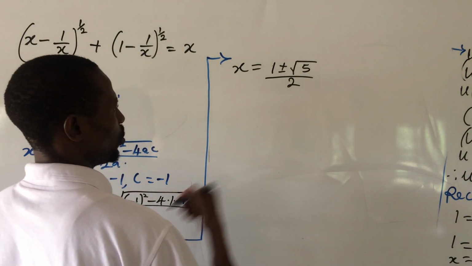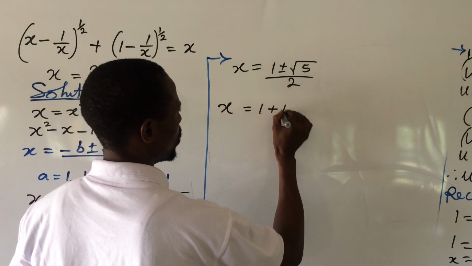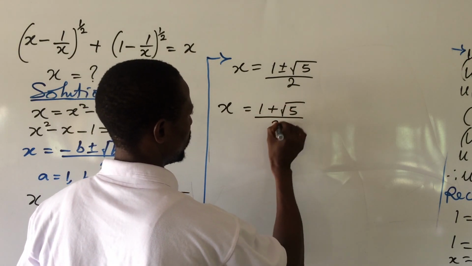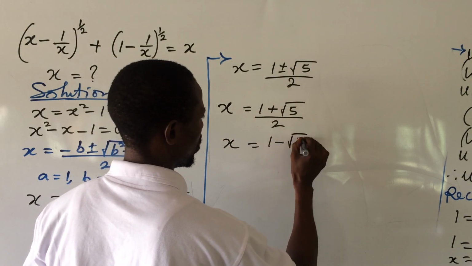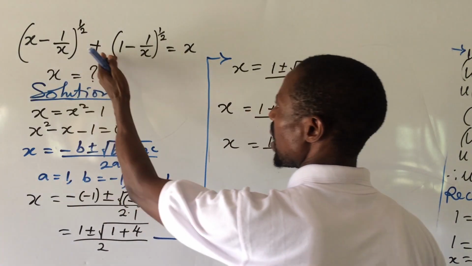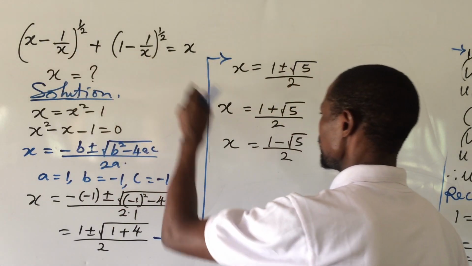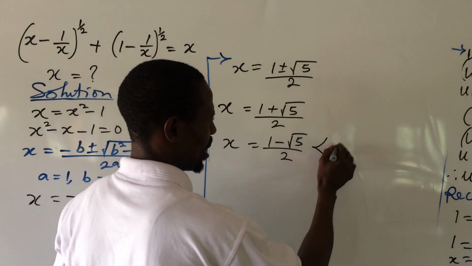If we go ahead to split this, we're going to have x is equal to 1 plus the square root of 5 all over 2, and x is equal to 1 minus the square root of 5 all over 2. Now, if you look at our question, here we are having this plus this, so definitely x cannot give us a negative sign, and this one is less than 0.